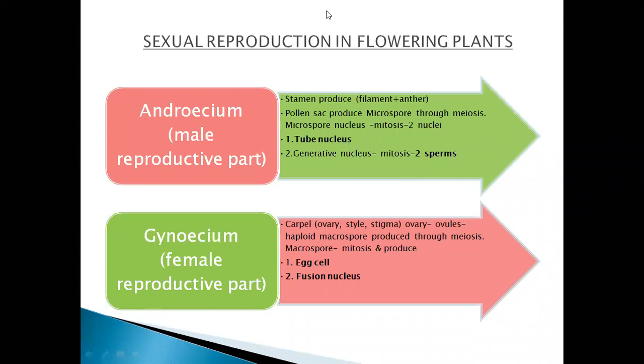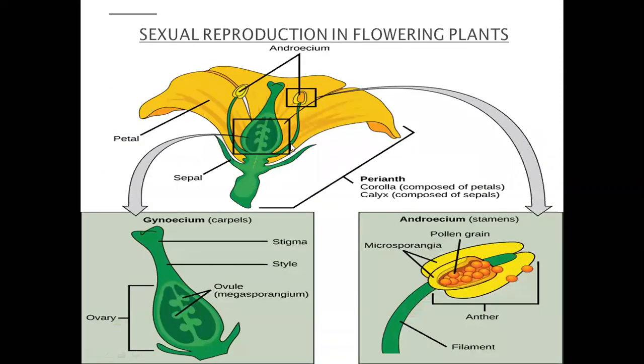Is it clear to you all? Yes, ma'am. Okay, next is the process of pollination. Now what is pollination, class? Pollination is the transfer of pollen grains. These are the pollen grains, right?